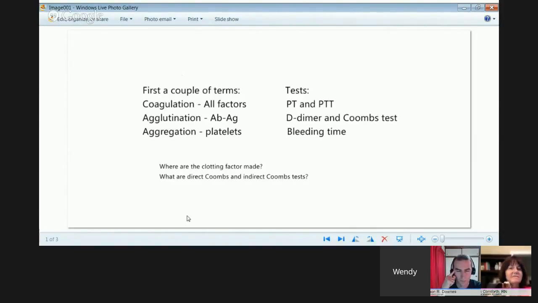That's important to know. And then the other one is what is direct Coombs and what is indirect Coombs test. Anybody know? No. Okay, so direct is direct. It's when you actually have antibodies directly against, usually, red blood cells that you're taking out. Let's see if I can give you a proper definition.